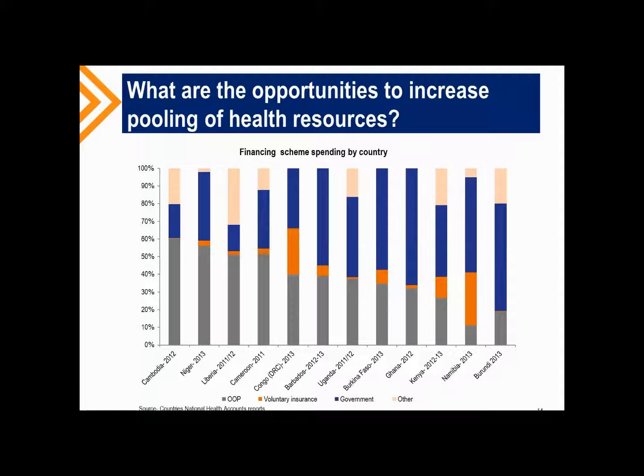This is in contrast to countries on the left, like Cambodia and Niger, that still have a high percentage of spending coming from direct out-of-pocket payments. So countries can use health accounts to measure how their resources are pooled, and this can be used as an advocacy tool to either establish more risk pooling schemes or to expand existing ones.